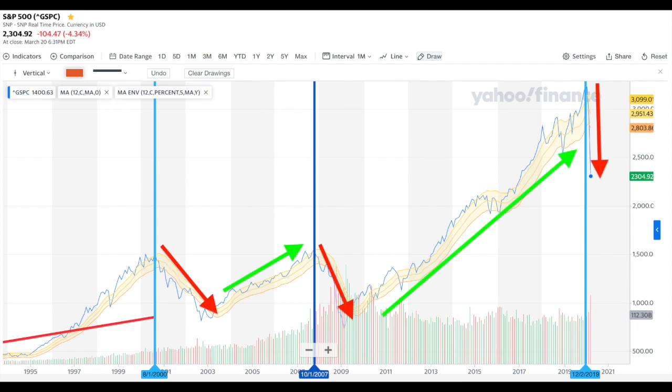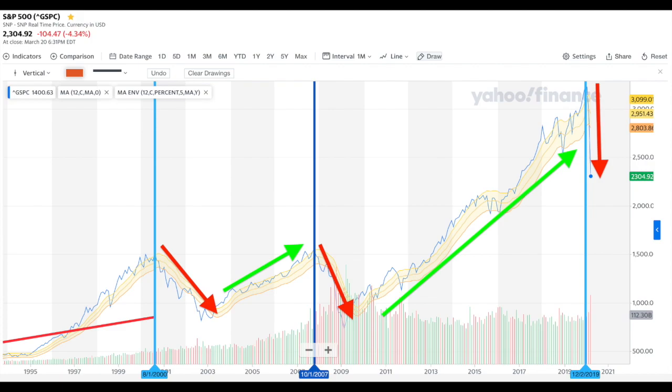So I drew some lines so you can see what we're talking about here. This drop in 2001 was fast. The next red arrow is even sharper down, and then the third is almost straight down. You can also see that the second green arrow had a longer period, so although it was faster down, it had a longer period of up.